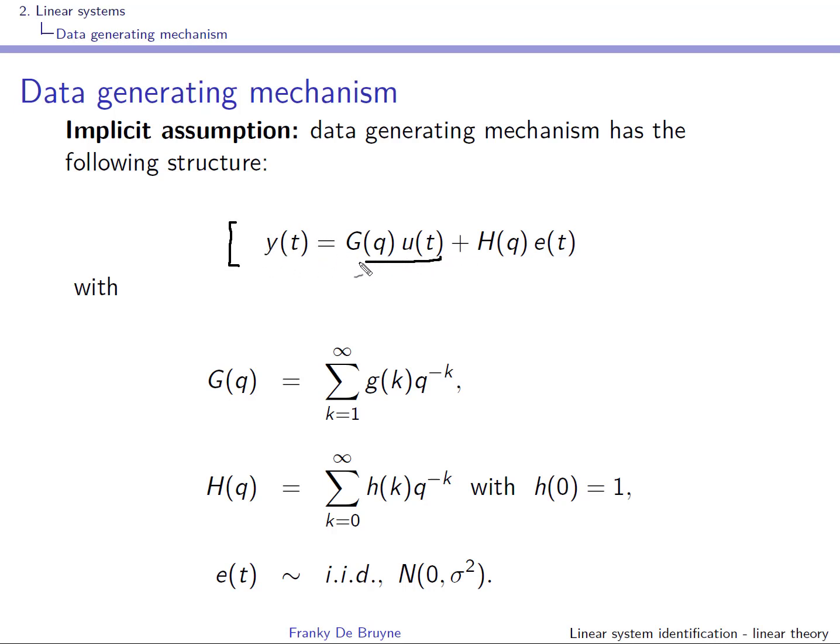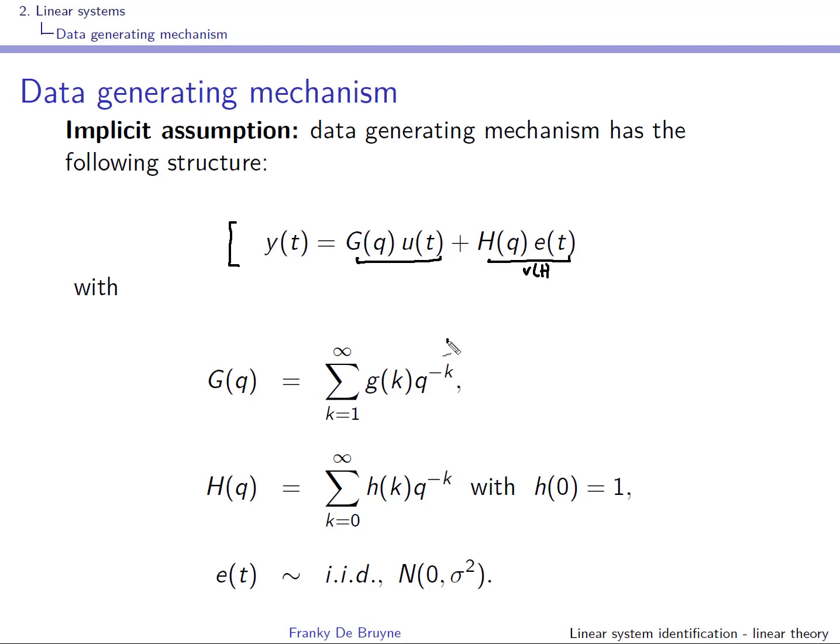The first part comes from the deterministic part, and a second part, v(t) here, comes from a stochastic part. So v(t) is modeled as white noise that goes through a transfer function. So G(q) is the input-output transfer function, right?